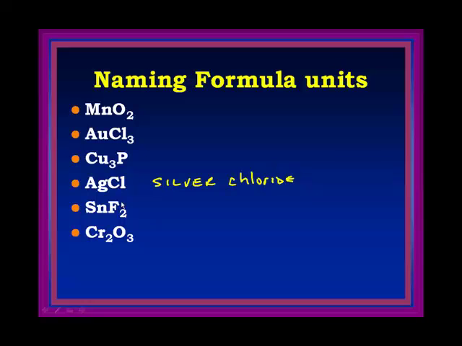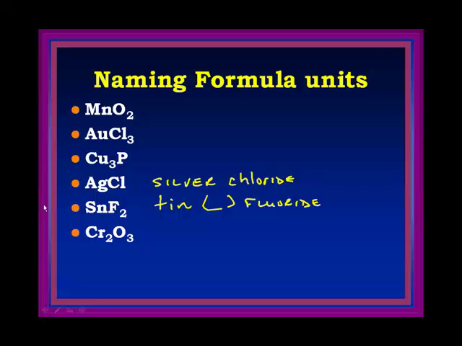Okay, take a look at the next example, SnF2. Okay, tin is in the group 4. Okay, for group 4, for the lead and the tin, you also need a Roman numeral because those charges vary. So I've got tin, some Roman numeral, and then fluoride.